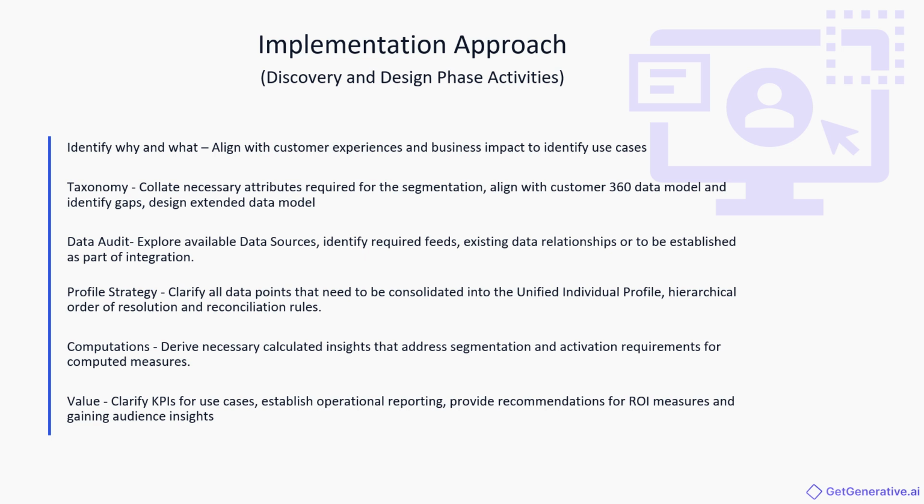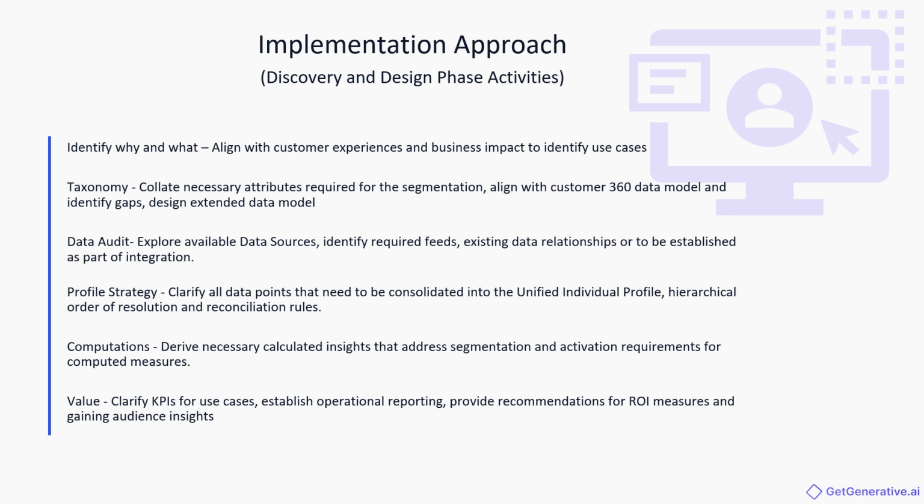The next thing is taxonomy: understanding and collecting the necessary attributes required for segmentation, aligning them with the Salesforce 360 data model, identifying gaps, and designing any extended data model if necessary. If you realize, from the first step to the second step we have gone into too much detail, looking at the different attributes you need to achieve what the customer wants.